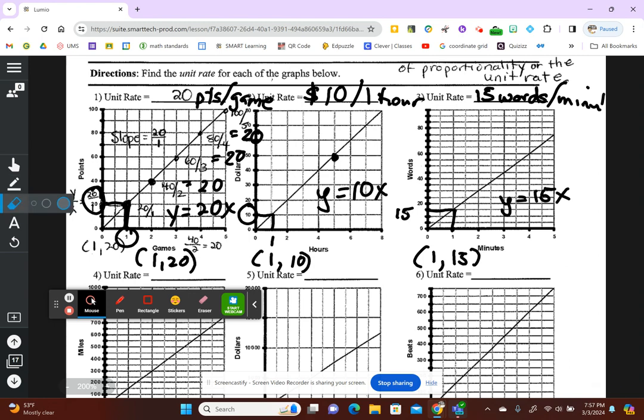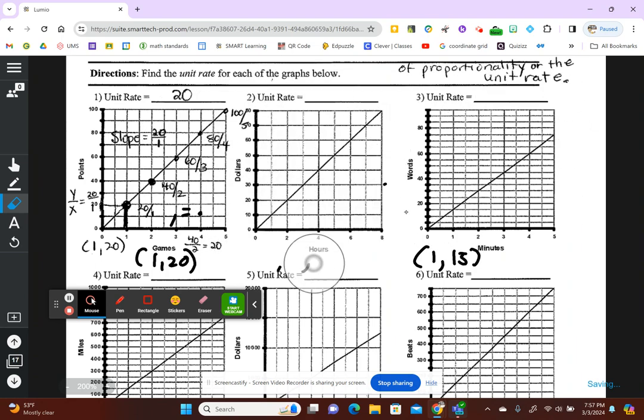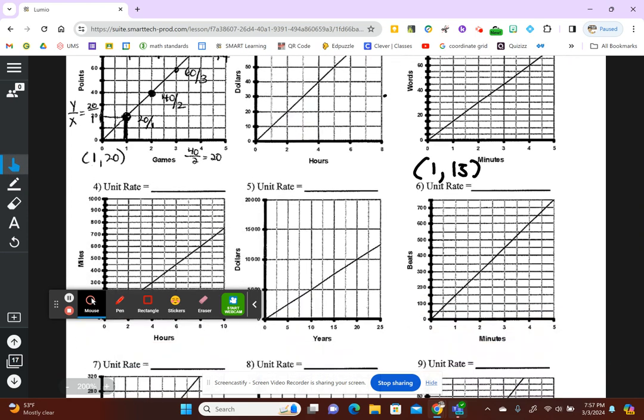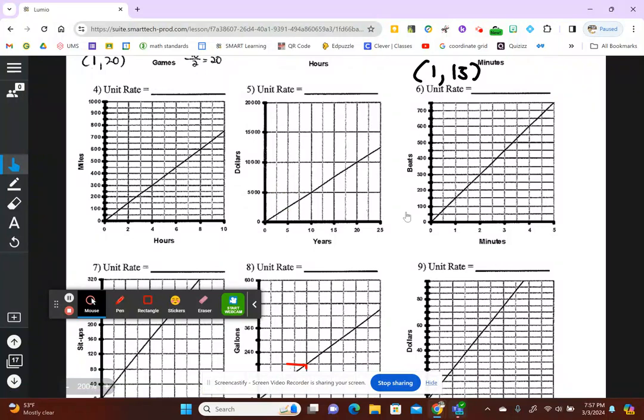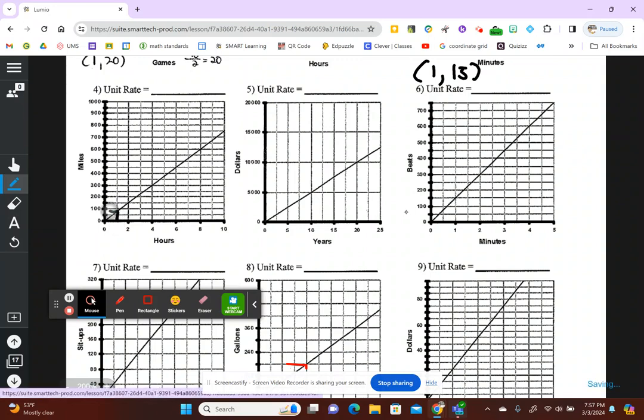Okay. Now, let's look at the next one. Now for number 4, it's going to be a little harder because here is a 1, but I can't tell exactly what that number is. So when that happens, you have to find a place where you can clearly see.